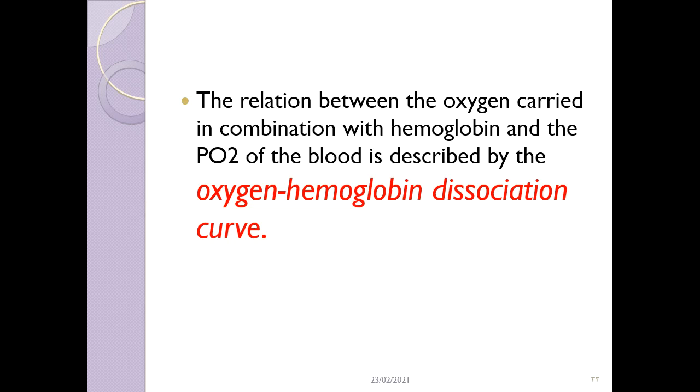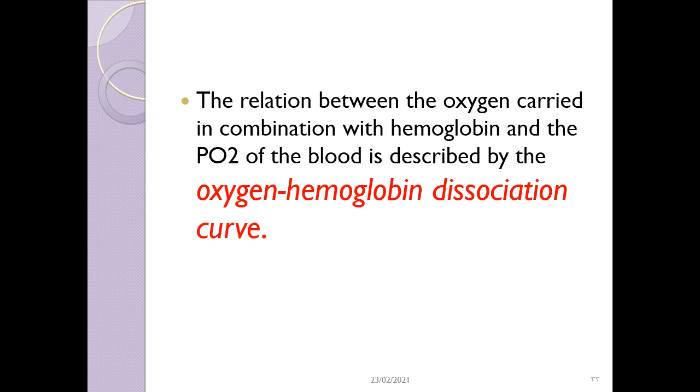When we talk about the affinity of hemoglobin towards oxygen, we mean the ability of hemoglobin to attach to oxygen and the ability of hemoglobin to dissociate from the oxygen.